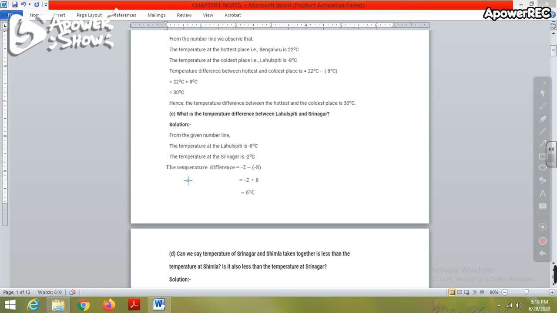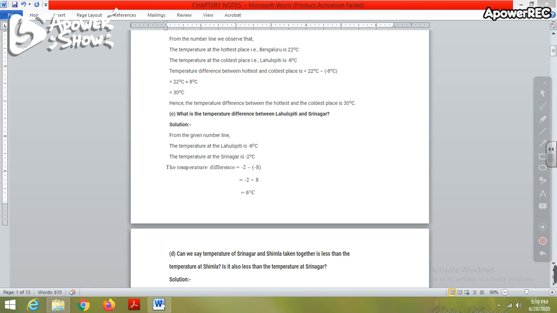For calculating the temperature difference you have to subtract the temperature of Lahaul Spiti from the temperature of Srinagar. So -2 minus -8 equals -2 plus 8, which equals 6 degrees Celsius. So the temperature difference between Lahaul Spiti and Srinagar is 6 degrees Celsius.